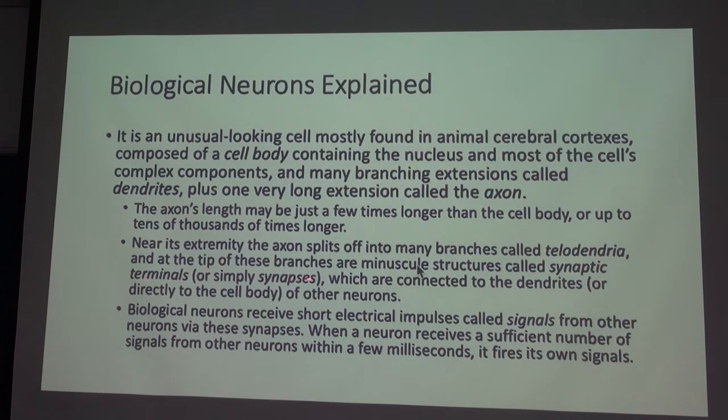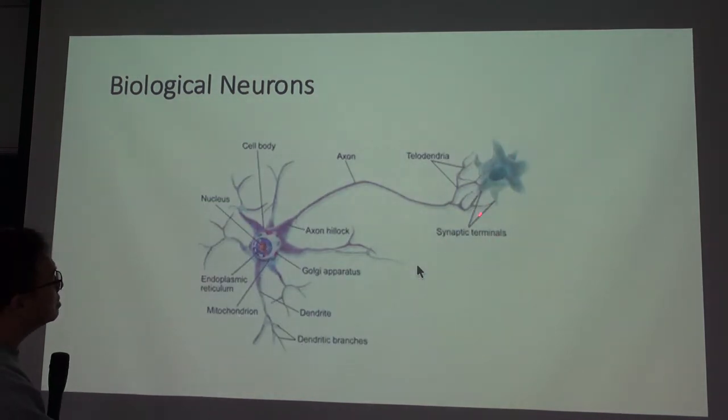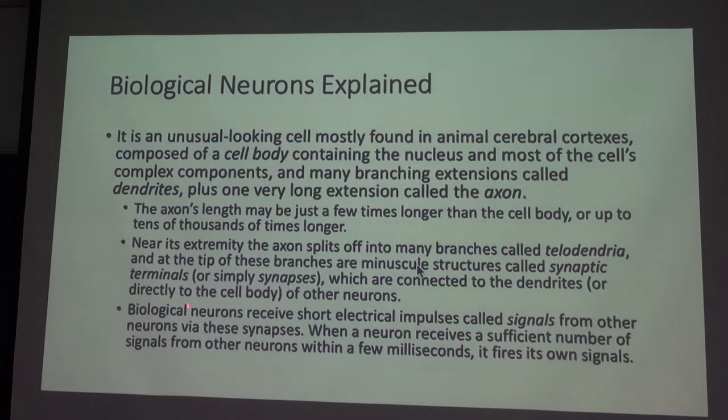At the tip of these branches are minuscule structures called synaptic terminals, or just synapses, which are connected to the dendrites of other neurons, as I said.